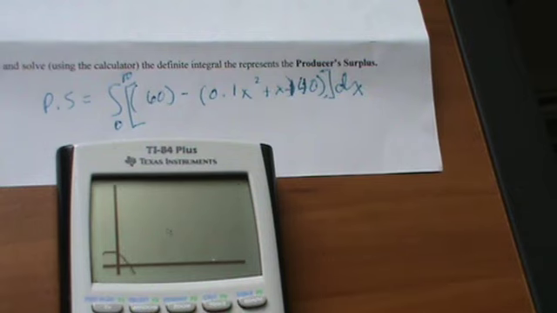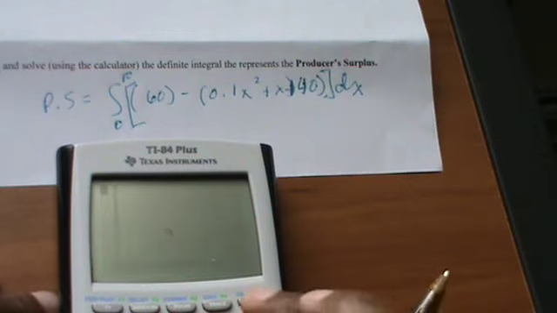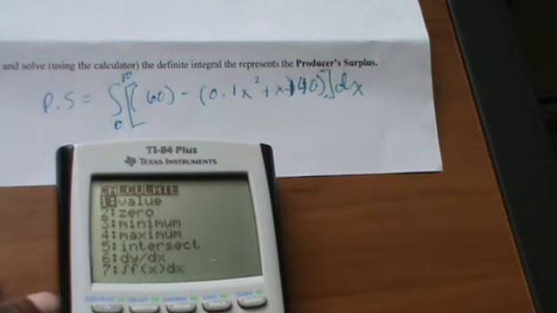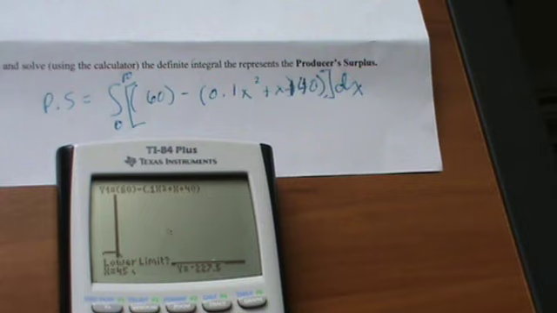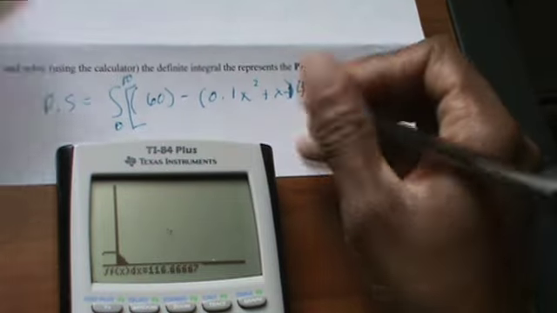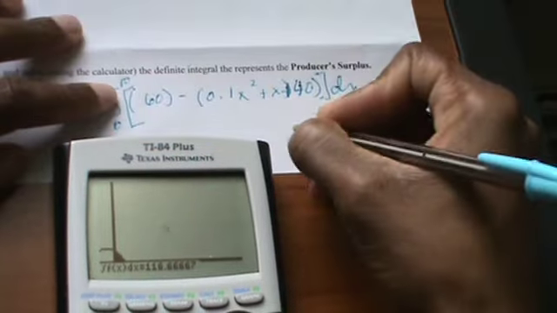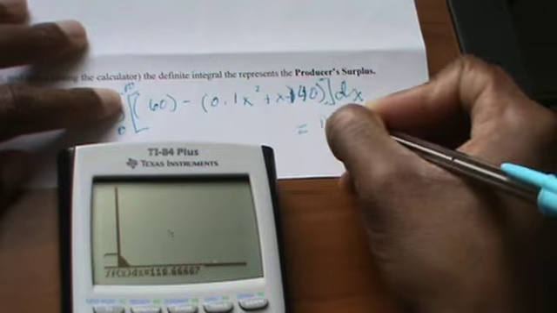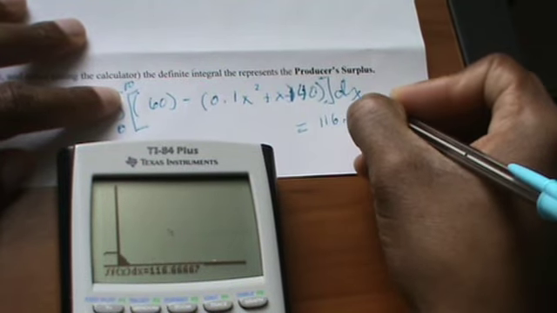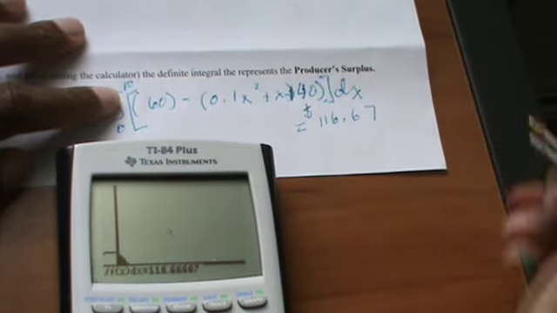Second calc, number 7. Lower limit 0, upper limit 10. And for that one, I got $116.67, right?